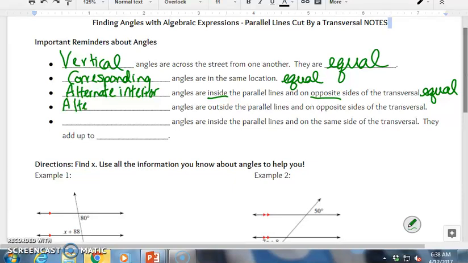Alternate exterior angles are outside of the parallel lines and on opposite sides of the transversal. They are also equal to each other.